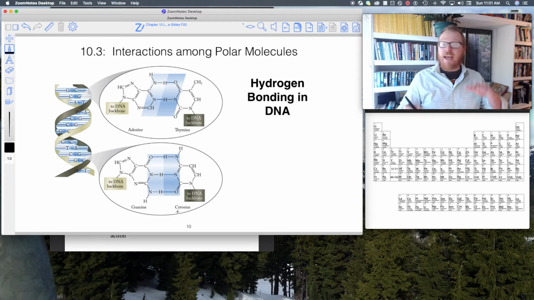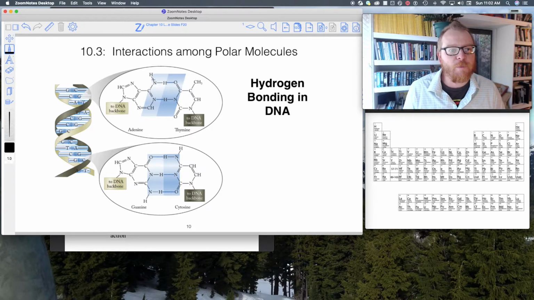I mean, you can take one single strand and another strand, and they can just zip together like a zipper with the hydrogen bond. So for example, if we look here at adenine, there's this amine group, this NH2 group, right?